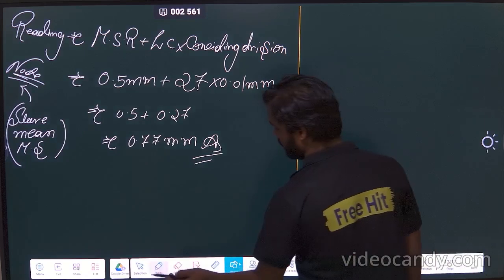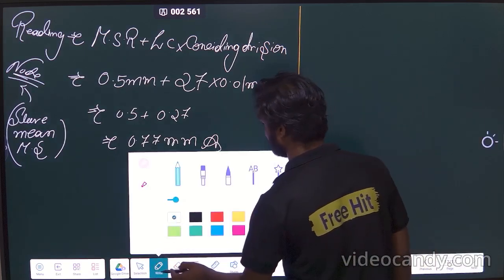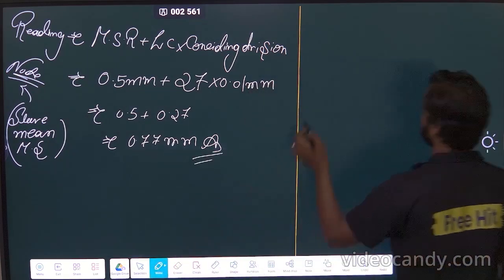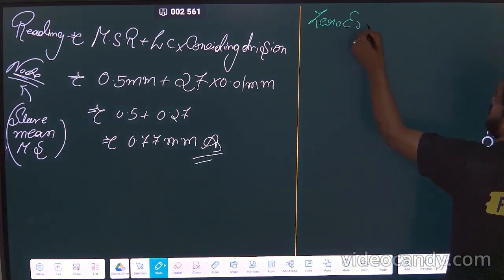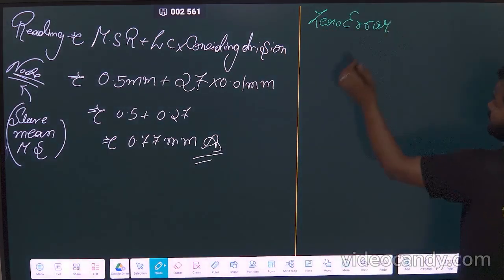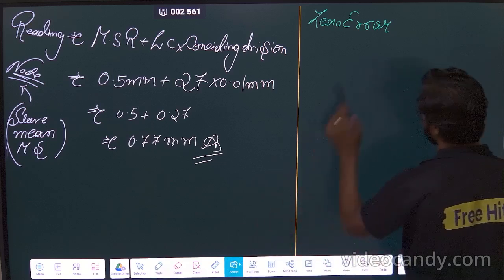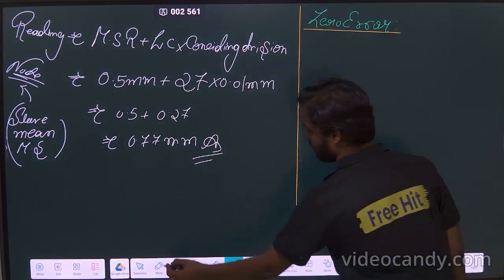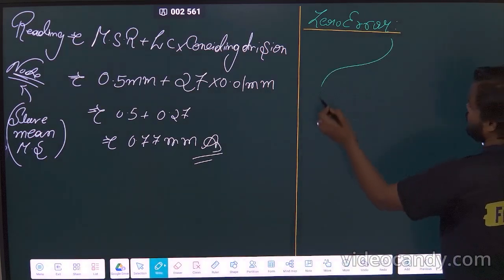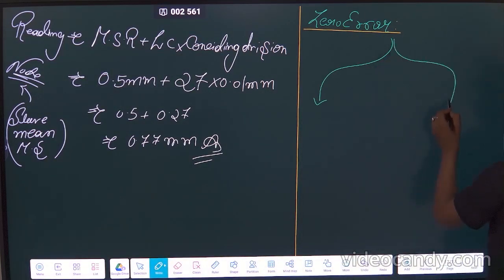Zero error will be here also, same calculation, nothing is different, exactly the same. Same definition. I am not going to repeat the definition. Then we have two types, one is positive, one is negative.